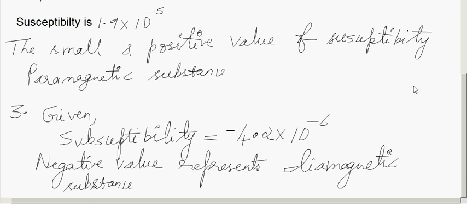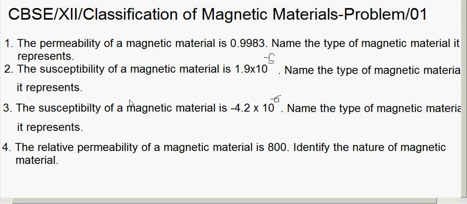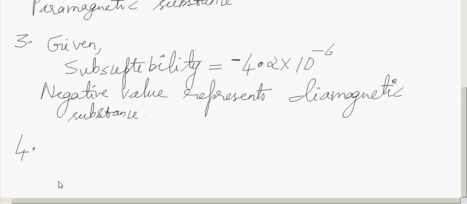Okay, and then we'll go on to the fourth one, the easy one. The relative permeability of a magnetic material is 800. Identify the nature of the magnetic material. The relative magnetic permeability of the material is 800 here. So it's a high value of permeability, and hence it is a ferromagnetic substance.